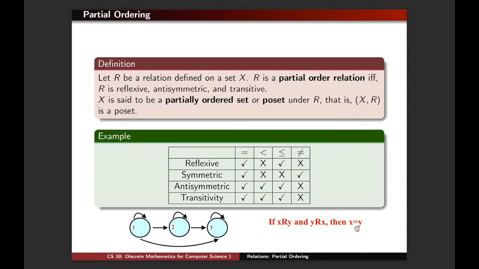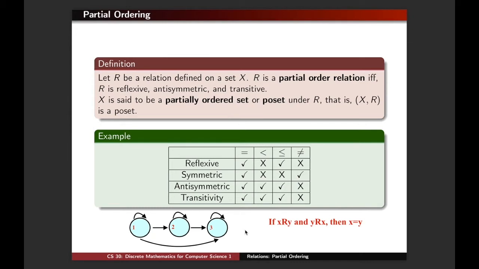If X is not equal to Y, then at least one of the following must not hold, right? So in the context of this diagram, we can see that for any two distinct numbers, there is only one arrow connecting them, right? Here, we don't see another arrow from 2 to 1, from 3 to 2, and from 3 to 1. So there is only one direction.